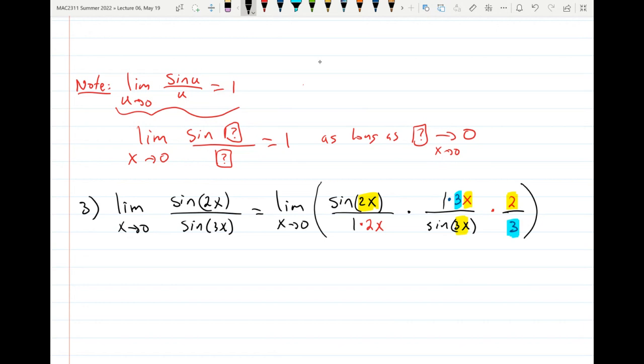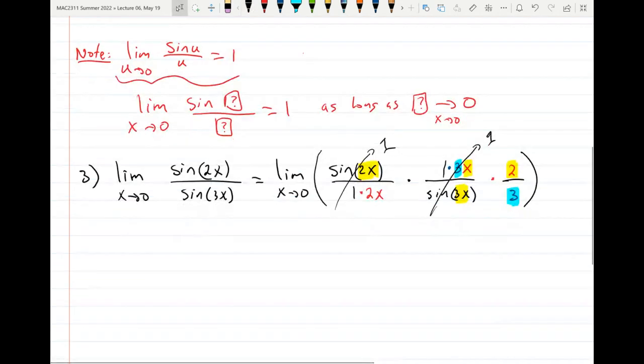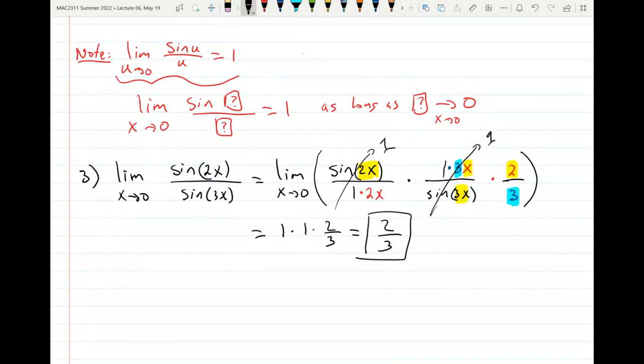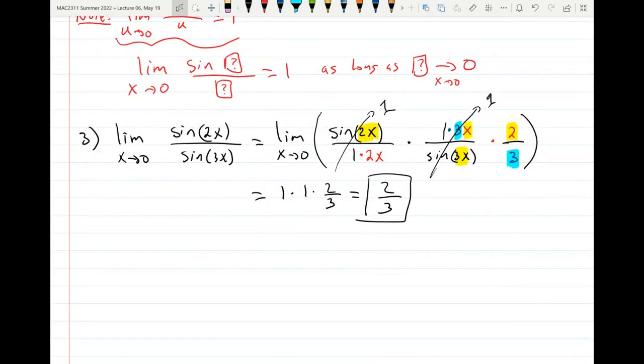So when we take the limit, this guy goes to 1. Special limit, this one also goes to 1. So the answer will be 1 times 1 times 2 over 3, which is 2 over 3. Moral of the story. So remark, notice that that 2 over 3 is actually this right here.